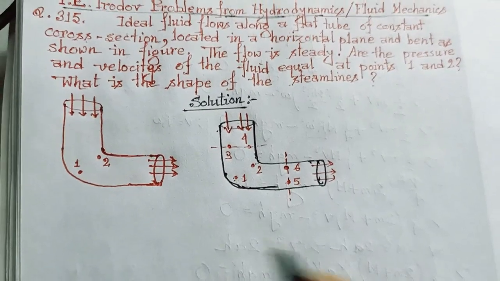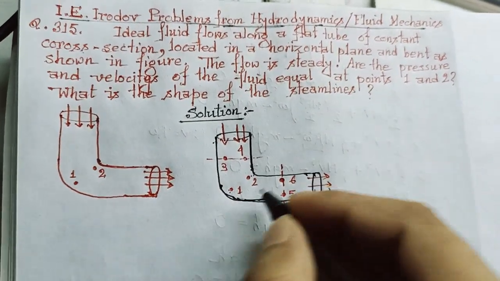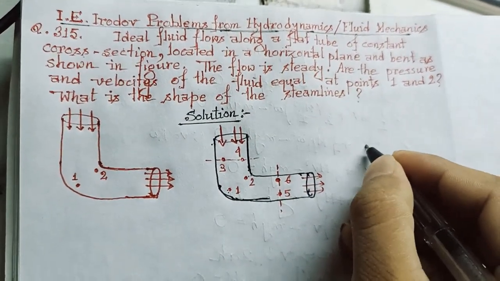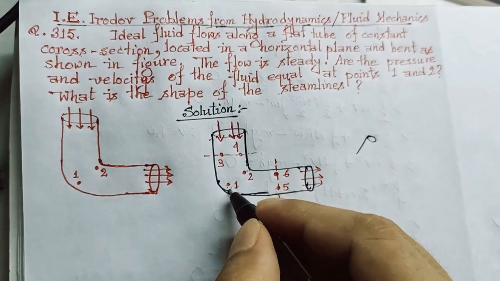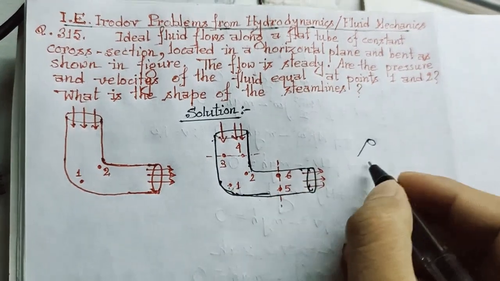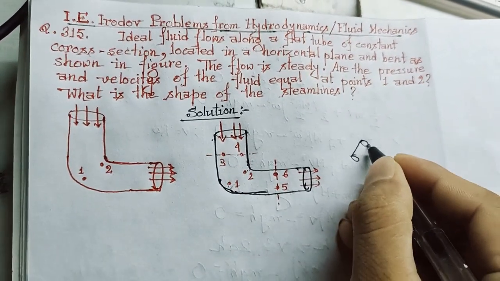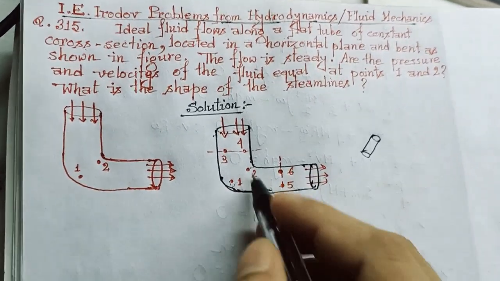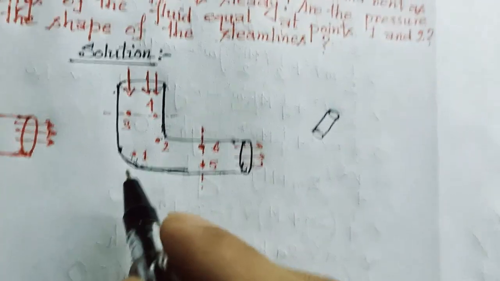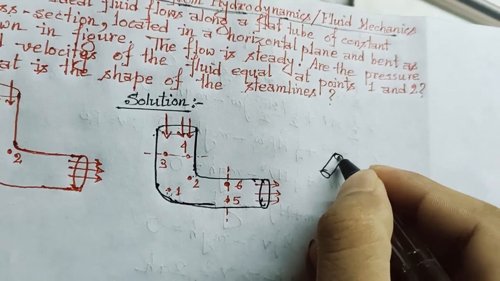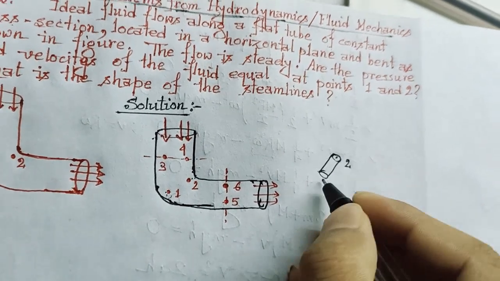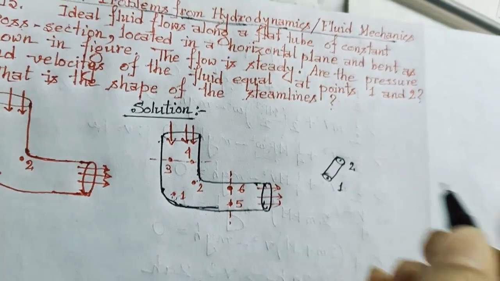For doing that, let us take a small elemental segment of fluid in the section 1 2. So let this be the small cylindrical segment of the fluid element from the section 1 2. This is our segment 2, this is segment 1.